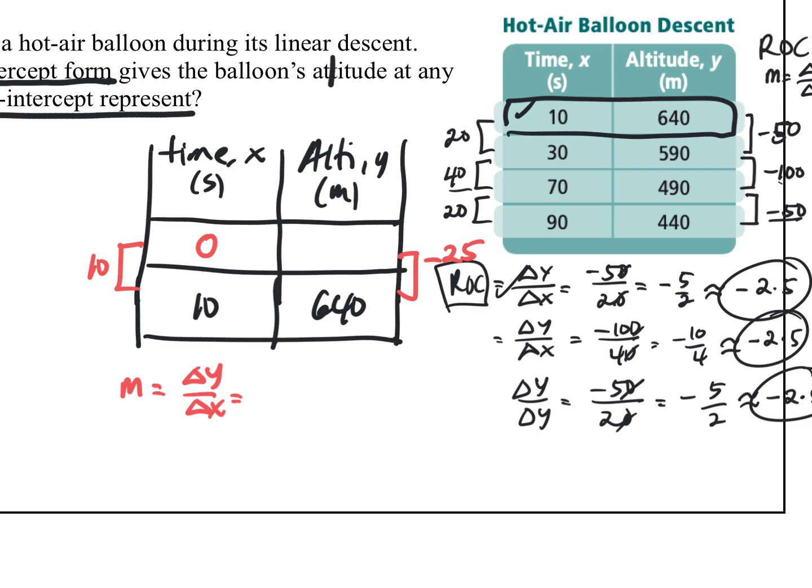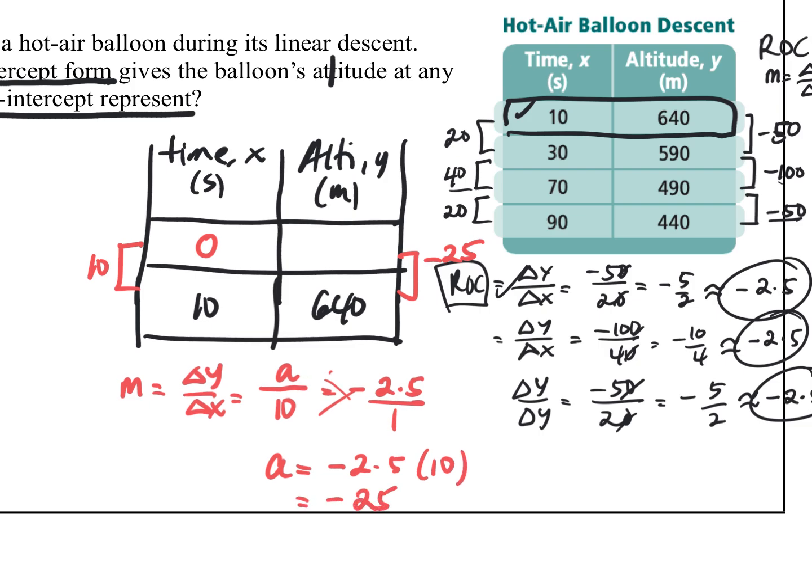No, so I'll call it a, over 10, equal to negative 2.5. Cross multiply, this is like over 1. My a is going to be negative 2.5 multiplied by 10.